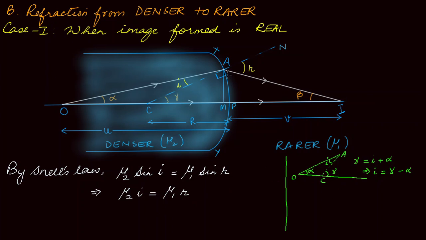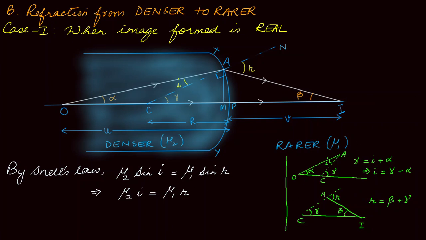And similarly, let us take this triangle AIC. This is A, this is C, this is I. Then this is beta, this angle is gamma, and this is R. So from here you get R is equal to beta plus gamma. I think this is clear, no?